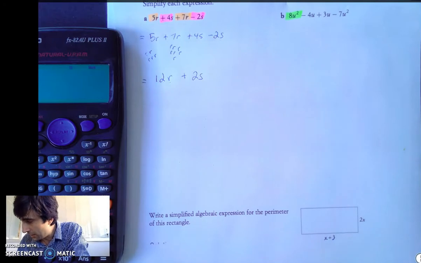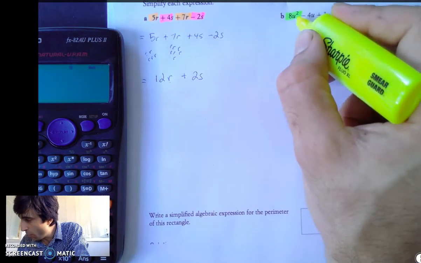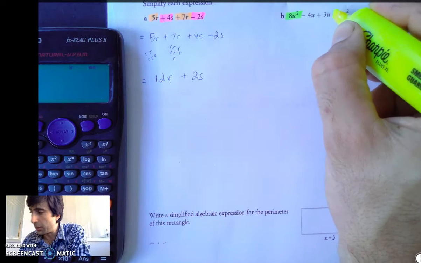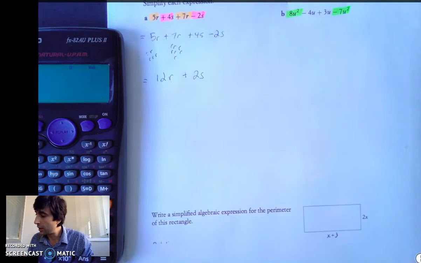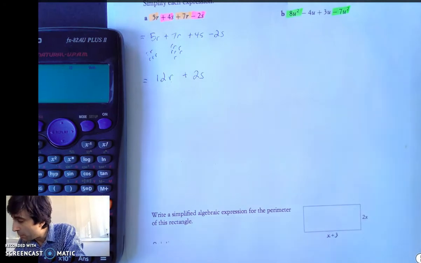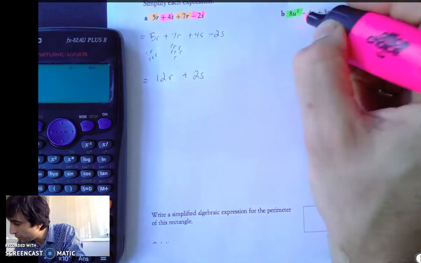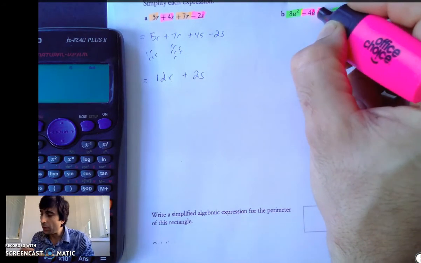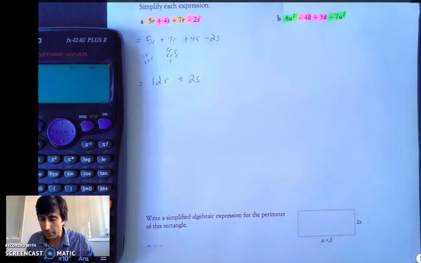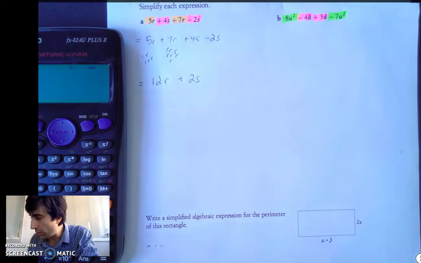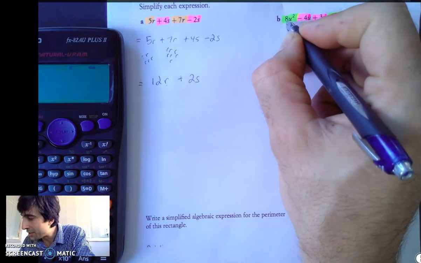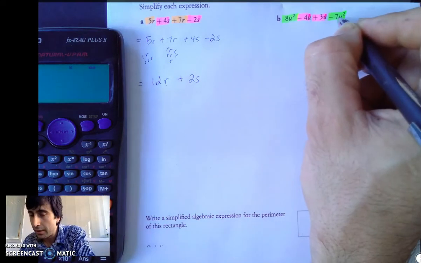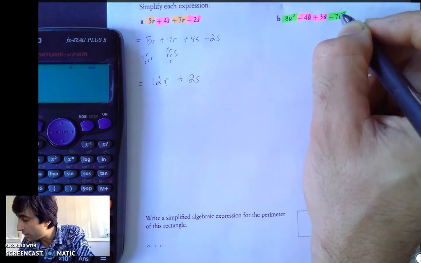So let's look on. U squared. And we'll see here we've got minus 4u, and then we've got plus 3u. So I'm not going to rewrite this one this time, because you're in Year 9 now, you can do that. 8u squared minus 7u squared is 1u squared.